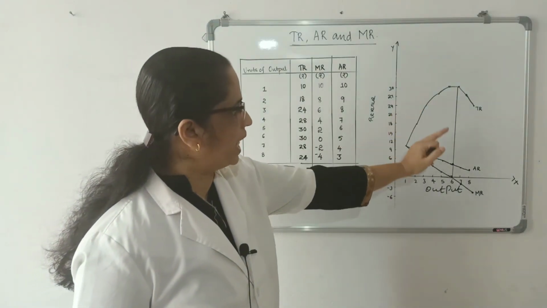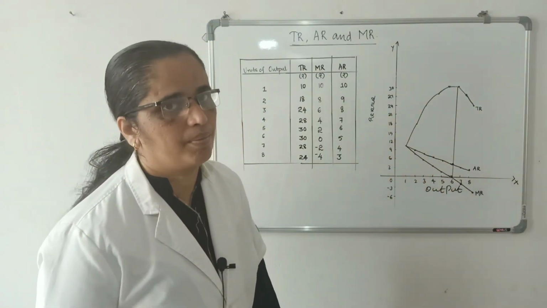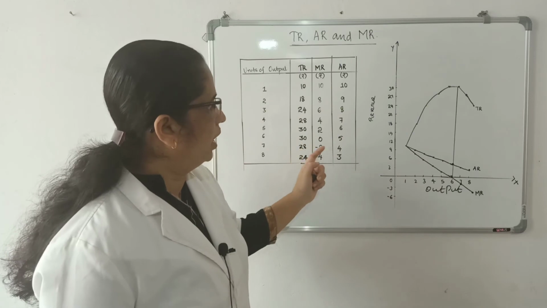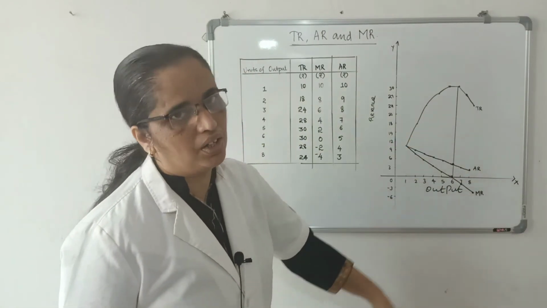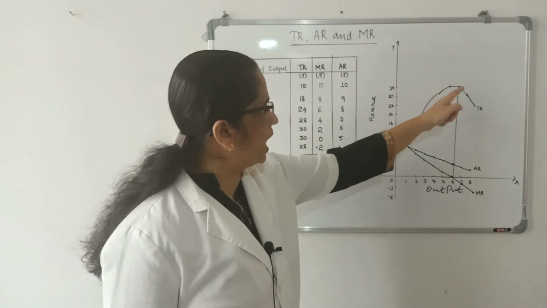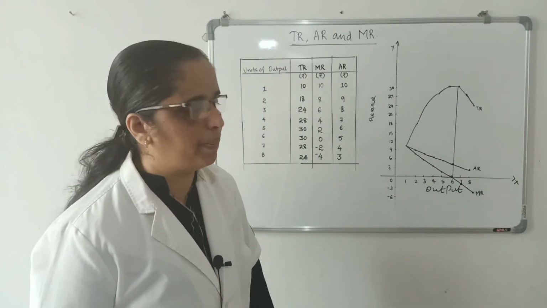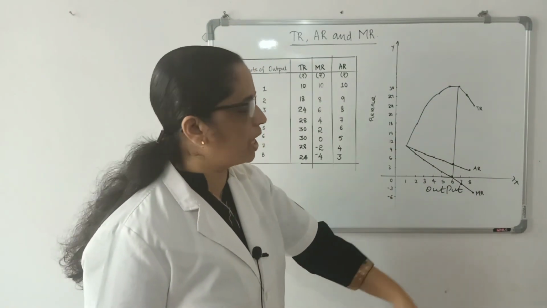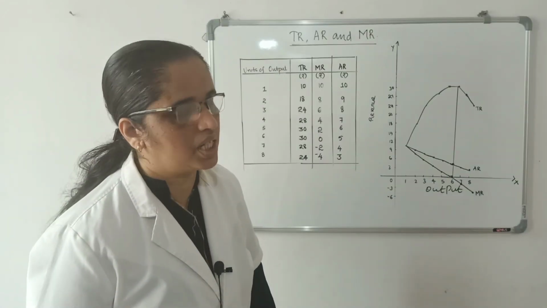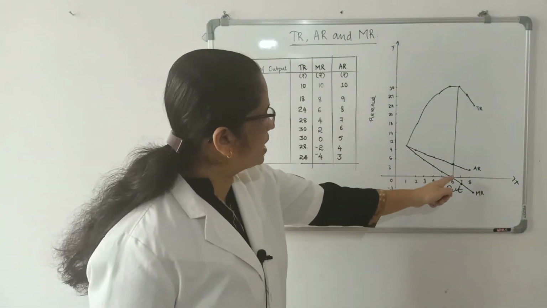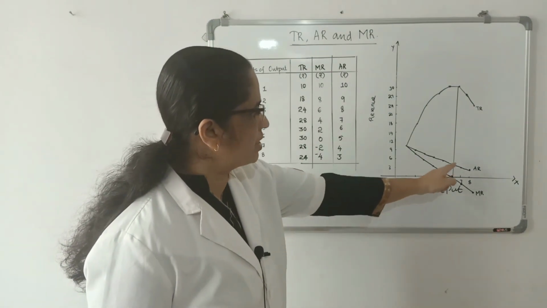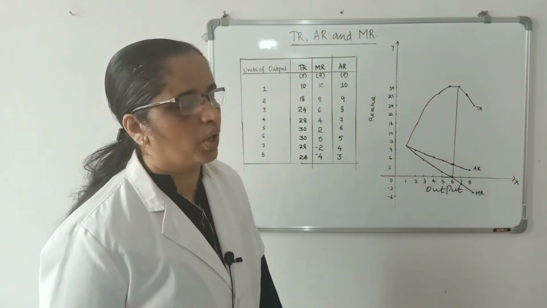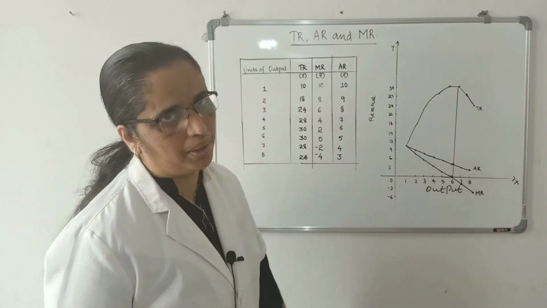Here TR, AR and MR. Once again, understand the shape of the revenue curves. TR curve is an inversely U-shaped curve. AR and MR are downward sloping curves. Here MR lies below AR, which shows MR is less than AR, or AR is greater than MR.